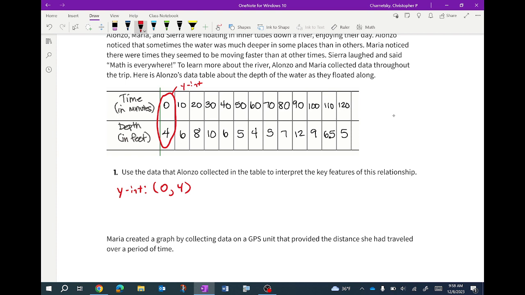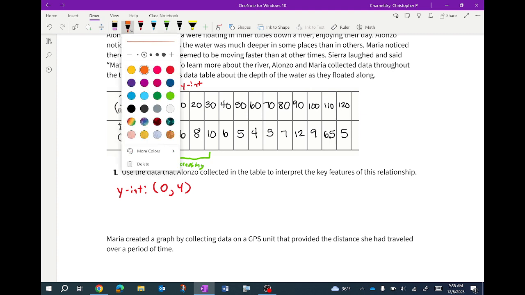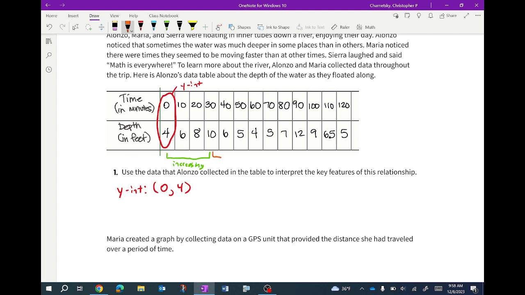We also have intervals of increasing depth and decreasing depth. So increasing depth, starting at 0 time and all the way up to 30 minutes, this is increasing. And then we have decreasing depth from that 30 minute mark all the way down to 60 minutes when we're back down to 4.